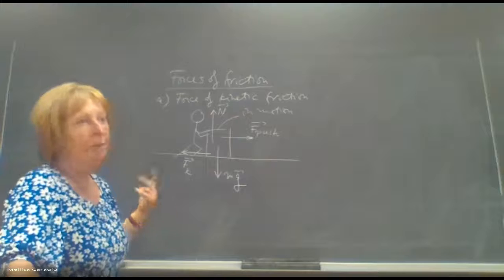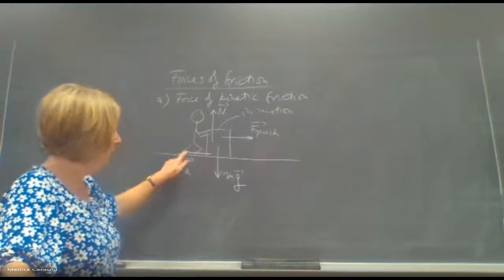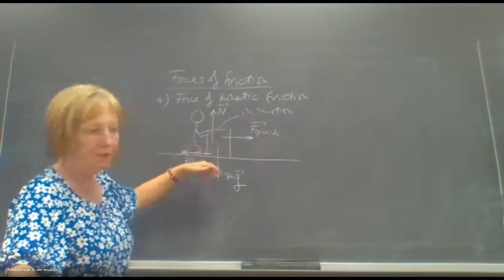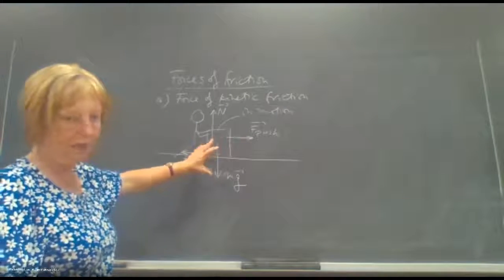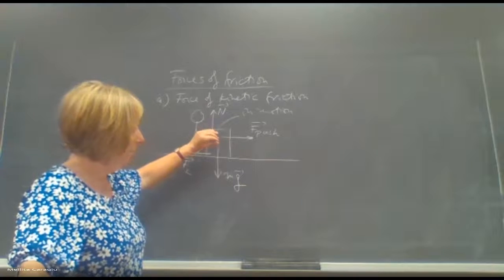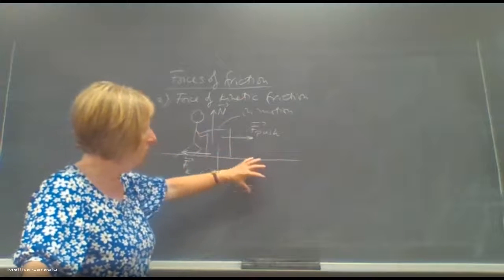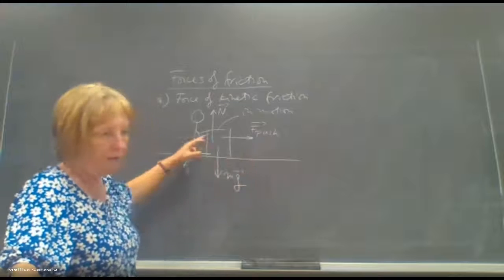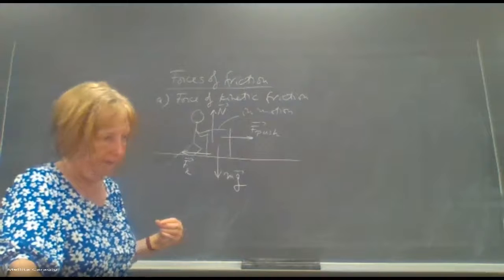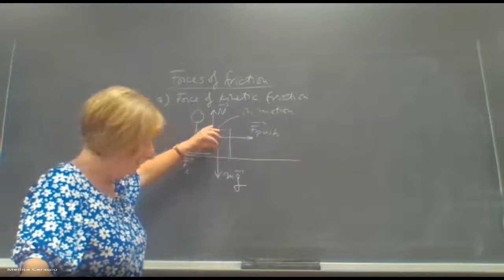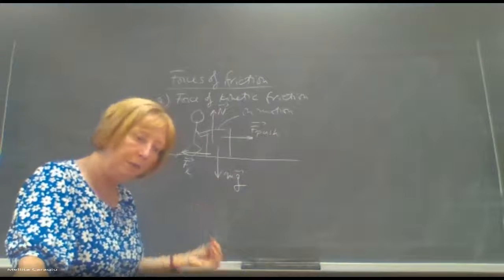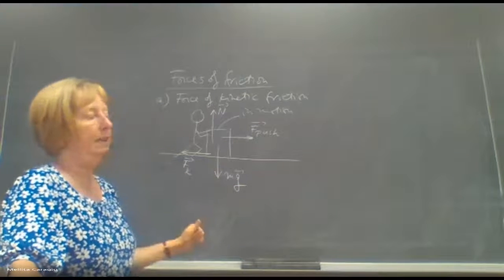It is obtained experimentally that the force of kinetic friction depends on the nature of surfaces in contact. Like for instance, if you have a block of wood on a wooden floor, there is a certain force of kinetic friction. If you would have a block of steel on a wooden floor, there would be another force of kinetic friction.